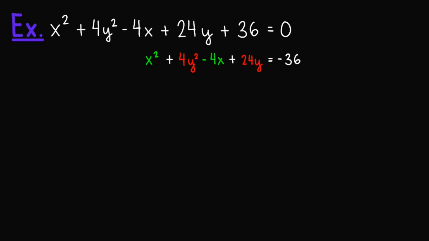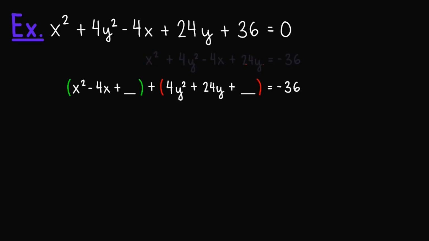So we'll have x squared minus 4x in the first group and 4y squared plus 24y in the second group. Observe that I put a blank space since we'll be applying completing the square, so we need this blank space, which we will fill up later on when we complete the square.